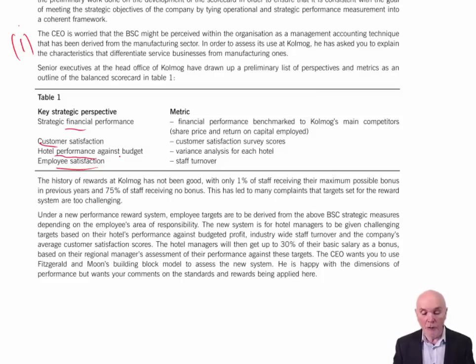The history of rewards at Kellogg has not been good, with only 1% of staff receiving their maximum possible bonus in previous years, and 75% receiving no bonus at all. This has led to many complaints, as the targets are too challenging.